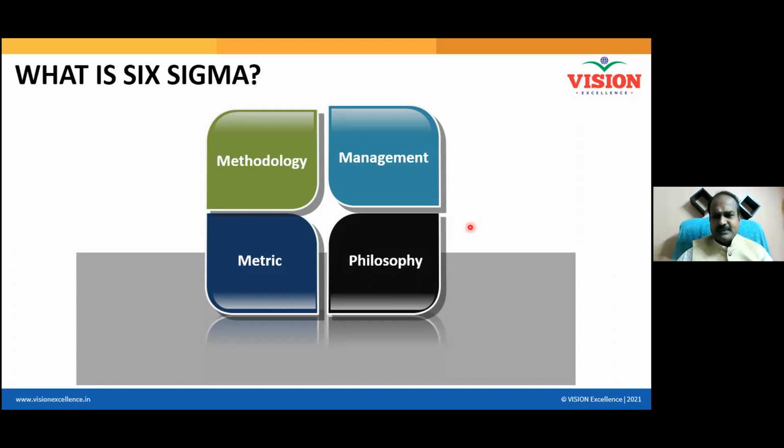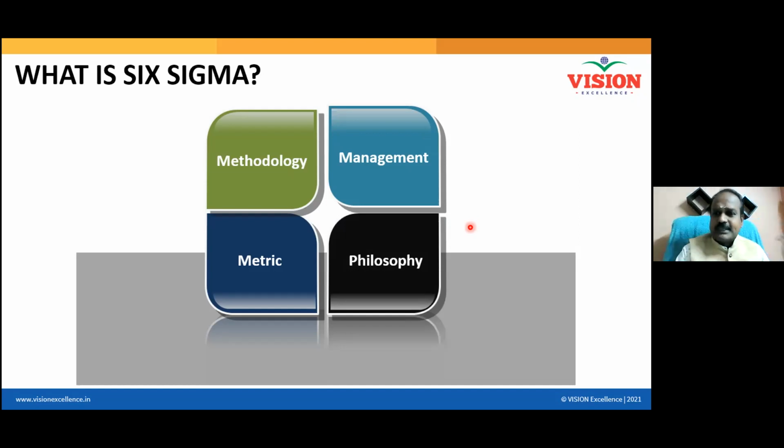Six Sigma is also a philosophy. Always meeting customer requirements is quality, and you can apply this anywhere. If you understand your sister's requirement, you will be a good brother to her. Whoever your customer is, if you understand and meet the requirement, this philosophy works everywhere.